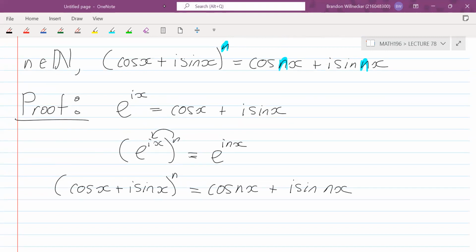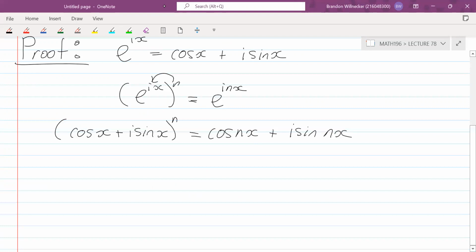So why is this useful? What applications can we get from it? What we're going to be looking at is taking a trig function like sin 3x, where we've got this 3 attached to the x, and writing it in terms of only sin x and cos x raised to certain powers.